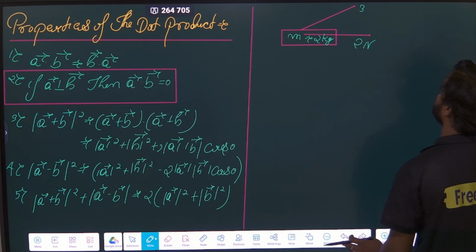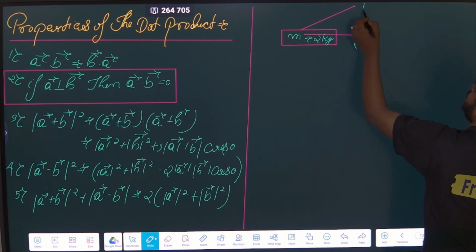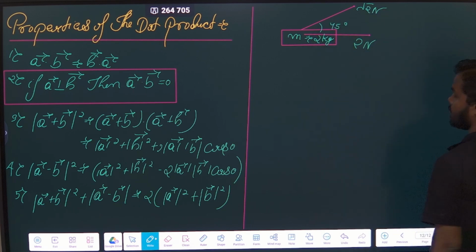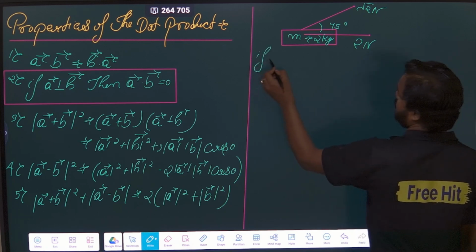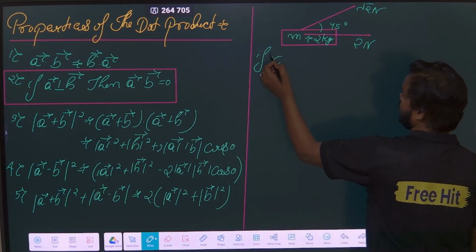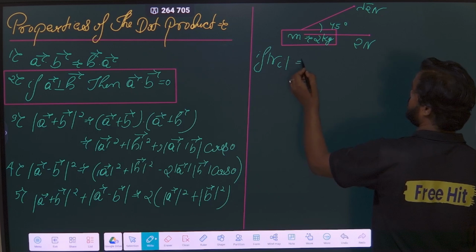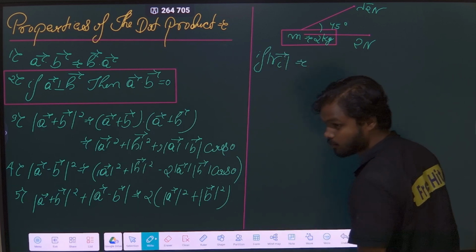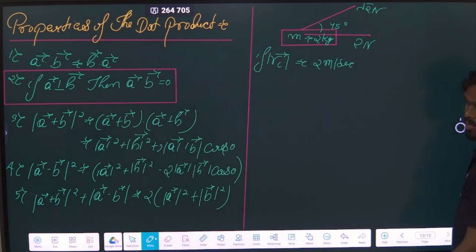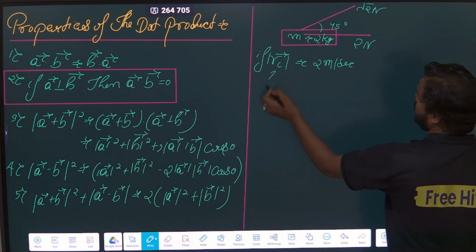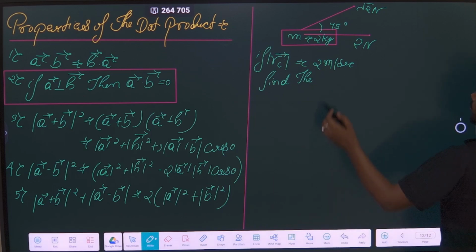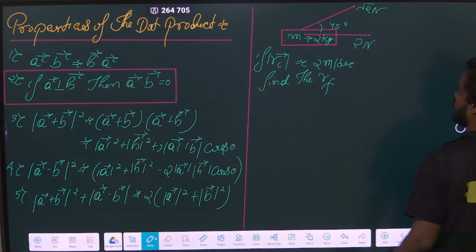Not that, make it root 2 Newton, calculation will be easy then, and this angle is 45 degrees. Let me make this a little difficult: the magnitude of V initial, my initial velocity, is 2 meter per second. Find the V final.